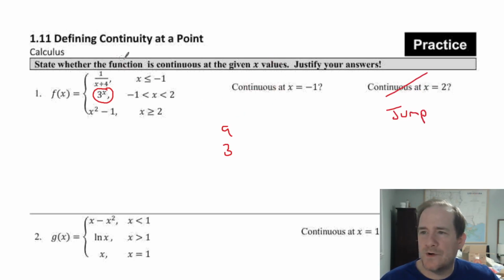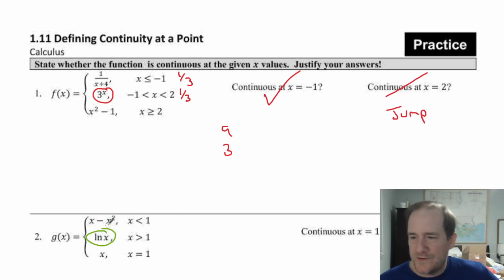What about at -1? -1 gives positive a third. And if I plug -1 in here, 3 to the -1, that just takes the reciprocal of the base. That's positive a third, again. So are we continuous here? Yes, that's true. So these are some good questions you could think about.